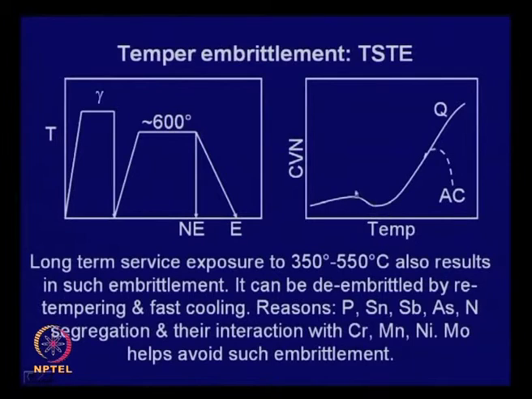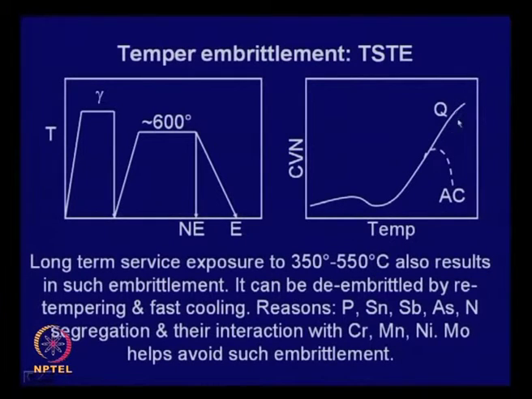So, this is that 250 tempering; it does not occur the second time you temper. But this other embrittlement is reversible, and it can occur again. If you quench after this, it follows this path.